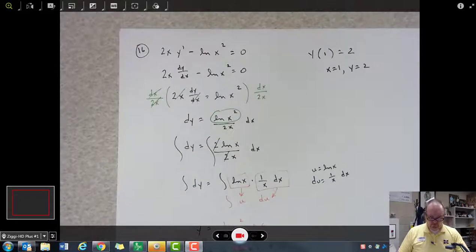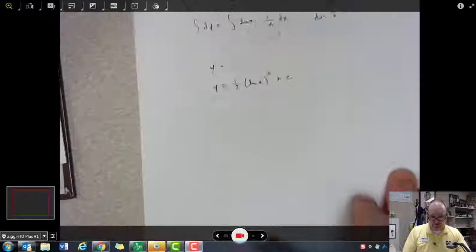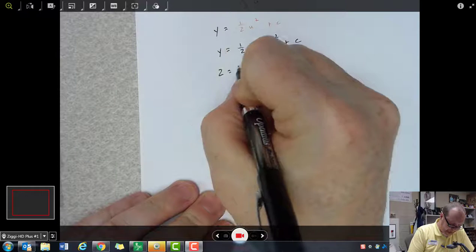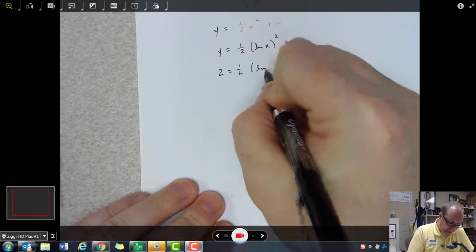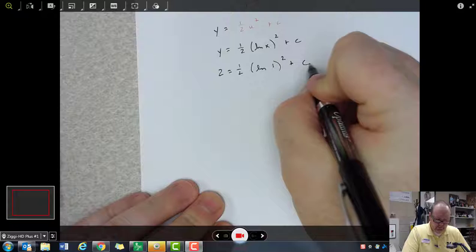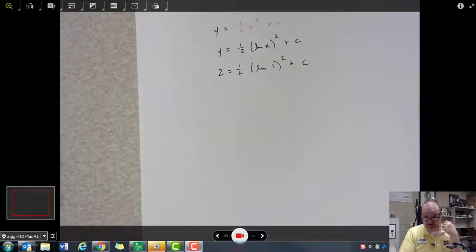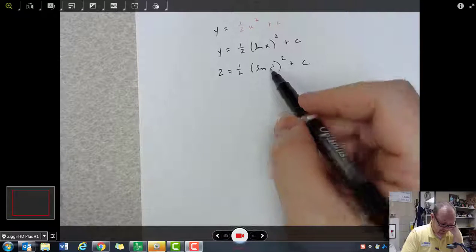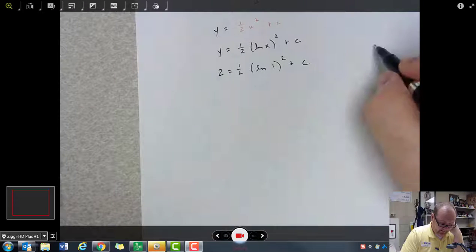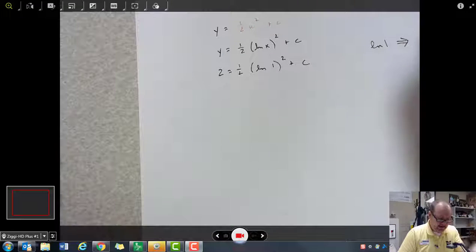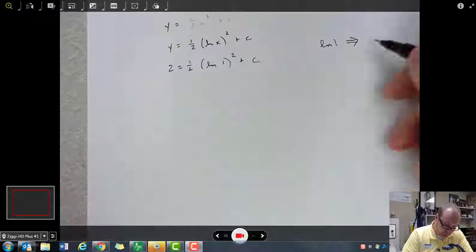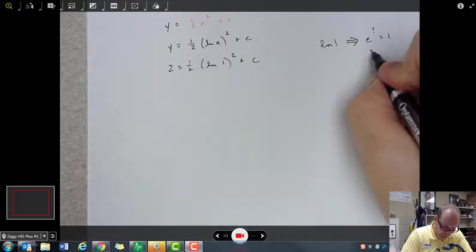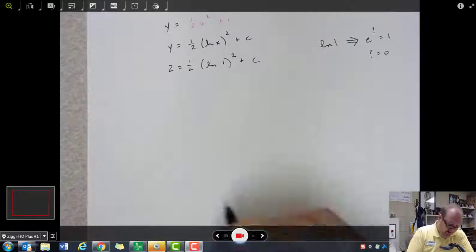So let me fill in those x's and y's into my solution. So y is 2 whenever x is 1. And so you have to dig deep a little bit to evaluate this. The natural log of 1, remember that means e to some power is equal to 1, and the only power that can do that is the 0 power.